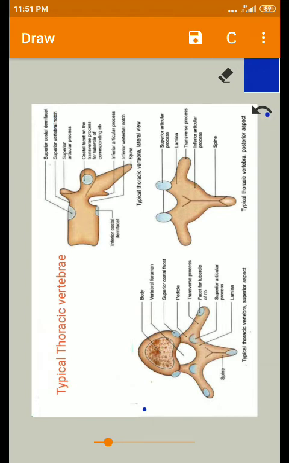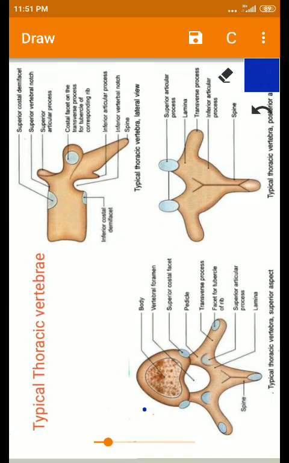With these two costal facets on each side, these facets are going to articulate with the ribs, so they are called costal facets.